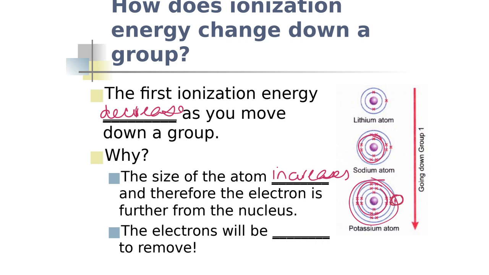That outer electron is further away from the nucleus, so it's not as strongly attracted. As a result, the electron is further from the nucleus and will be easier to remove.